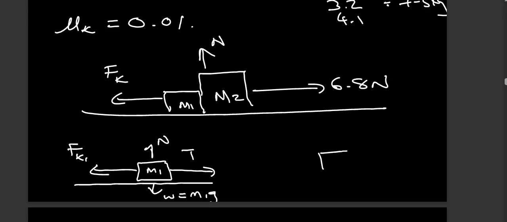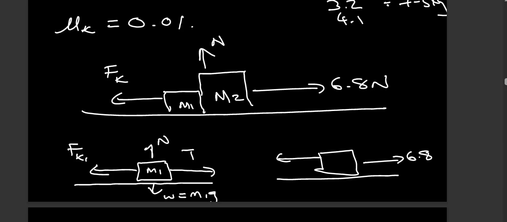Then the second object, mass 2, only has the 6.8 pulling it this side. There was tension, remember the case we were doing when there's no friction. Now there's friction. Let's call this FK2. This thing here has a normal force, and now it has its own weight, which is M2G.